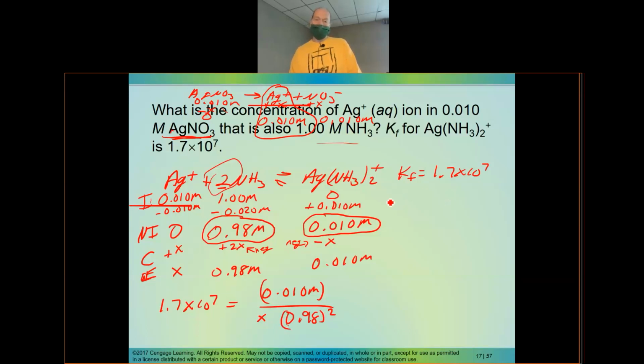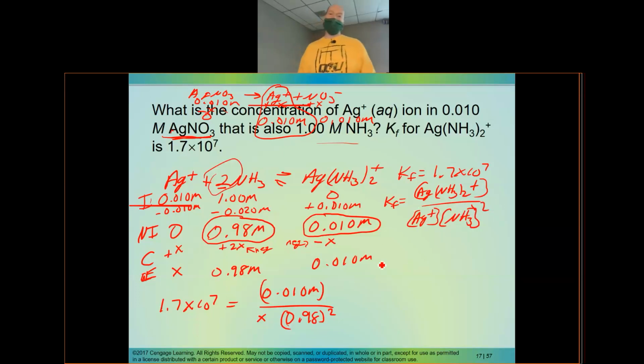A good thing to always do is to write the expression, Ag(NH3)2+ concentration over Ag+. I still have people write this and then they still don't square it, but it will help. The reason why you would want to write this before you plug in the numbers is to hopefully not forget to square the NH3.